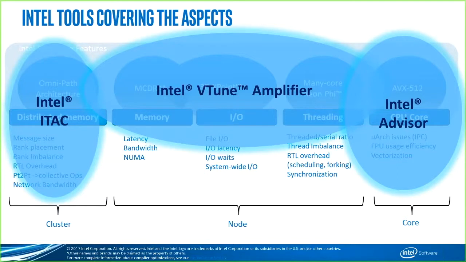And we have Intel VTune Amplifier, which covers threading, memory, some elements of I/O analysis, and microarchitectural efficiency analysis. Why don't we have a unified tool for such detailed analysis?